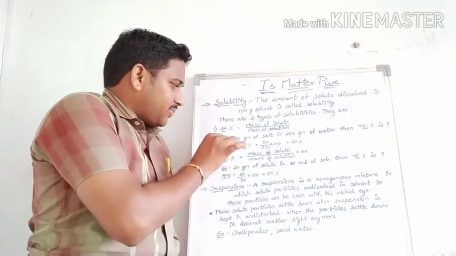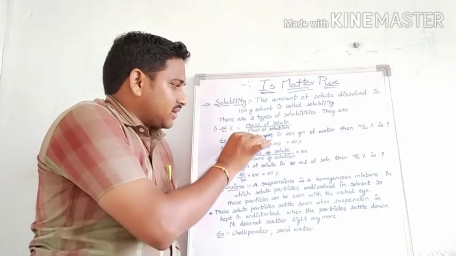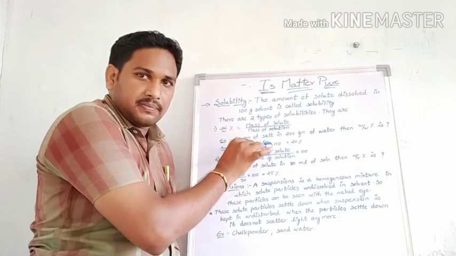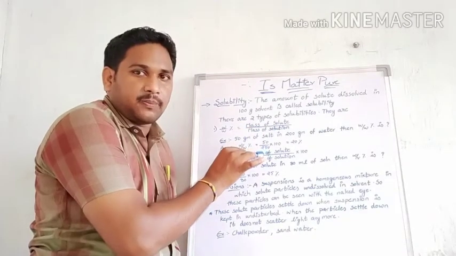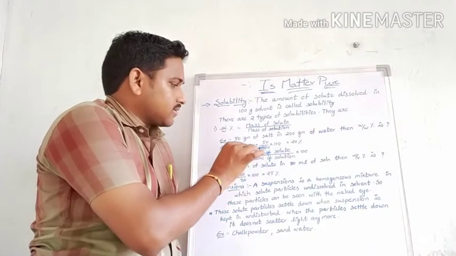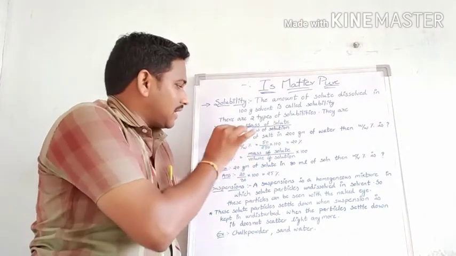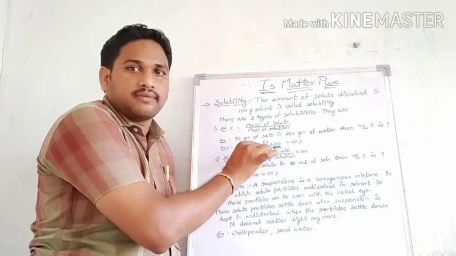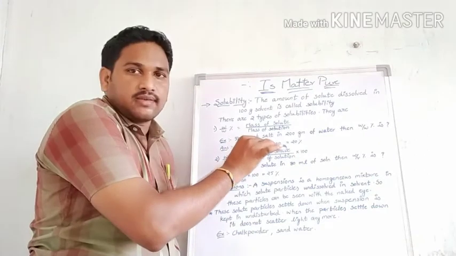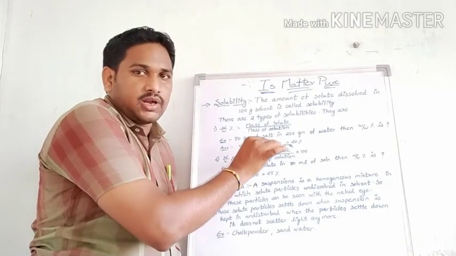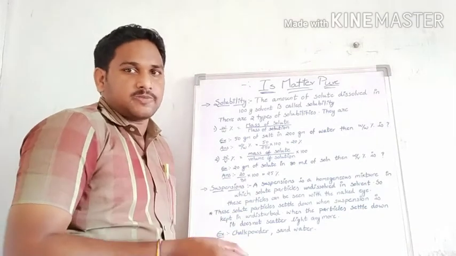Weight by weight percentage equals mass of solute, which is 50, by mass of solution, which is 50 plus 200, that comes to 250, and then multiply by 100 for the percentage. After simplification, we get 20 percent, that is the mass percentage.